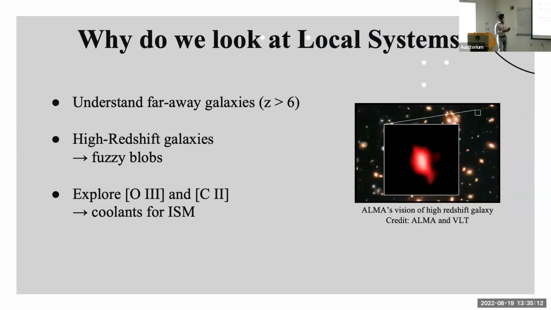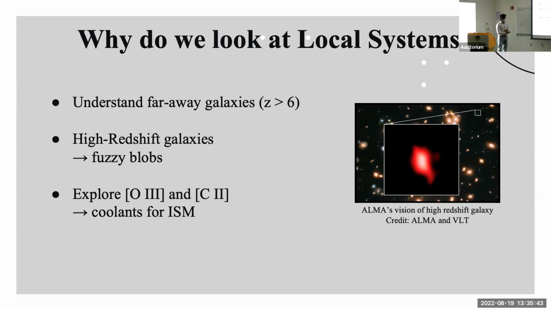So why do we look at local systems? That is because we need to understand the far away galaxies, which are at Z greater than 6. We use local systems such as Z less than 0.1, as they lie roughly within 50 megaparsecs from us or less than that. And as we can see in this image pointed by ALMA, these high redshift galaxies are like fuzzy blobs, and it is difficult for the telescopes to resolve the image and also collect a lot of data, which is why we look at local systems.